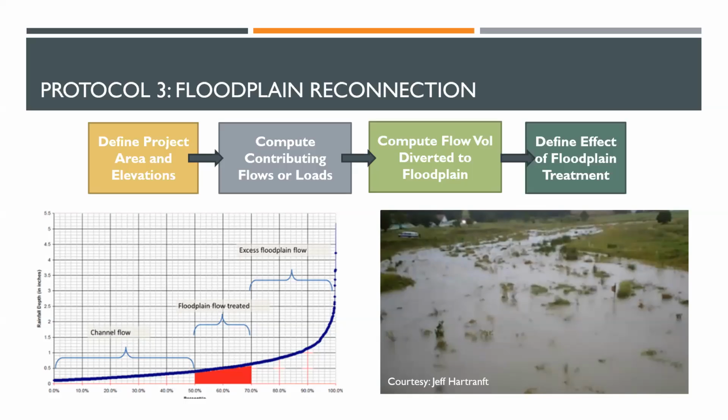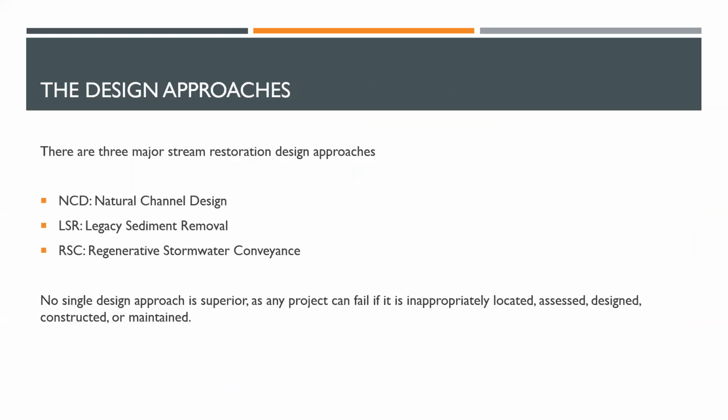The original panel used an approach to determine what volume of water was accessing the floodplain for treatment using, we call them upstream methods, where basically you use rainfall and runoff models to determine how much the water elevation is changing and accessing that floodplain during different size storm events to get that total volume diverted onto the floodplain. And then you would multiply it by a treatment efficiency that's based on wetland nutrient and sediment removal. So that's the real, down and dirty basics of that.